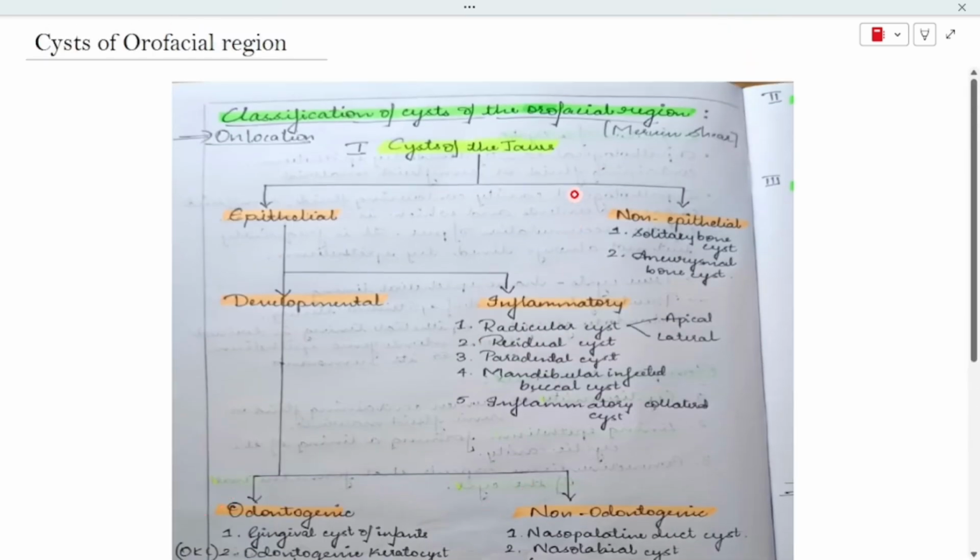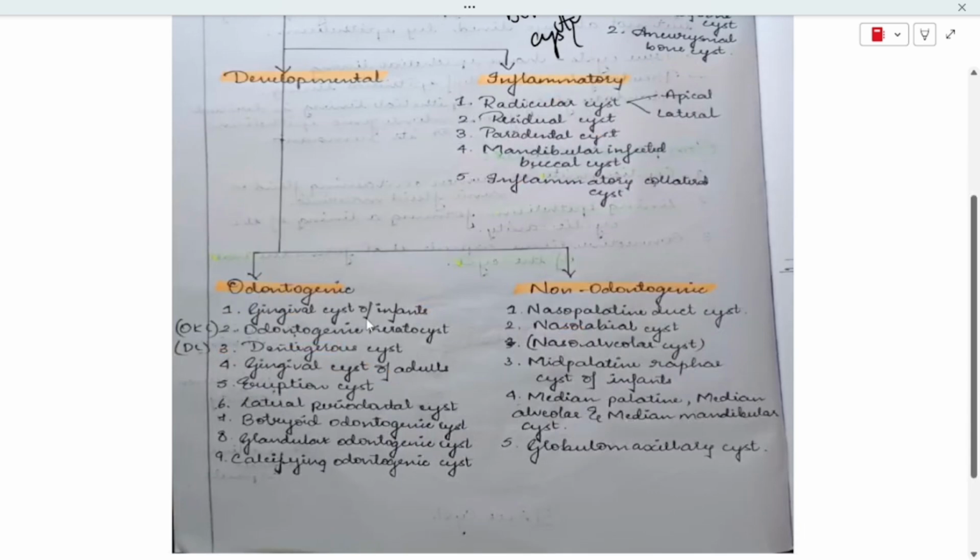Some of the cysts are listed under each classification. You can see non-epithelial cysts: solitary bone cyst and aneurysmal bone cyst, nothing but the bony cysts. The next is the inflammatory cyst. Under this you can see radicular, residual, paradental, and the others. And the major group is the odontogenic cysts; we'll be dealing with this.